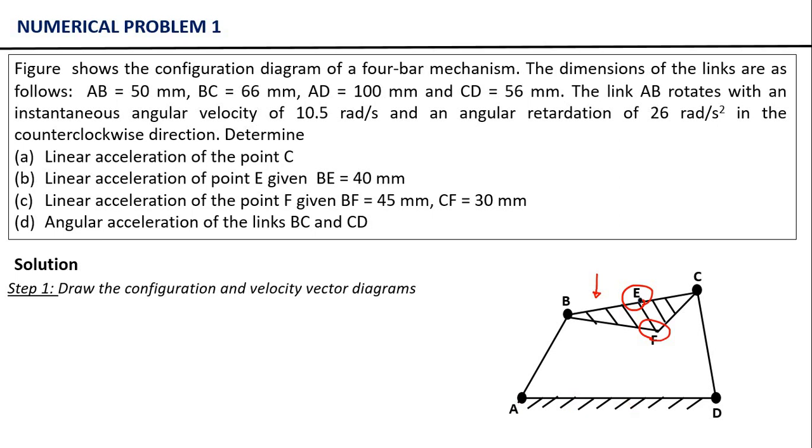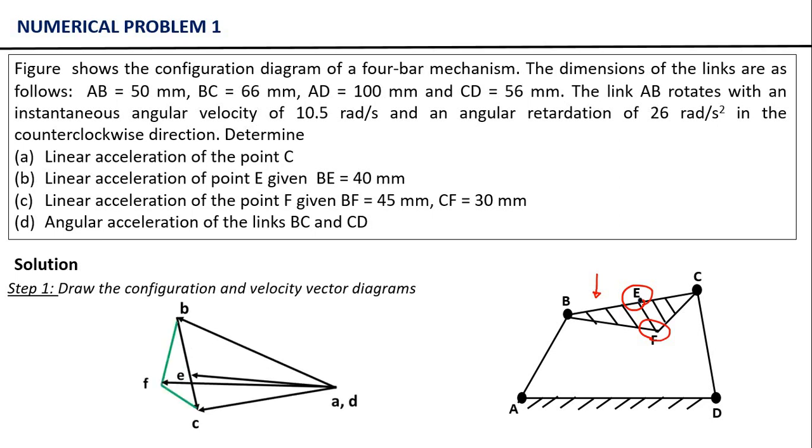Afterwards, the next step is to draw the velocity vector diagram for this Fourbar mechanism. We have already discussed in the previous sessions that the velocity vector diagram can be produced something like this. Since we have already covered this part in the previous session, I am not going to discuss it again.